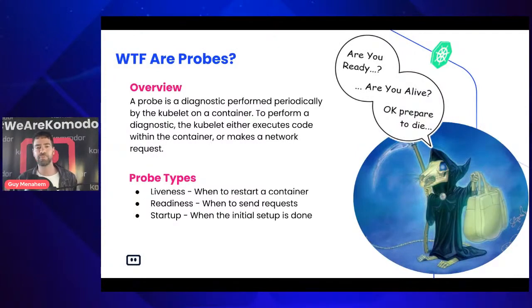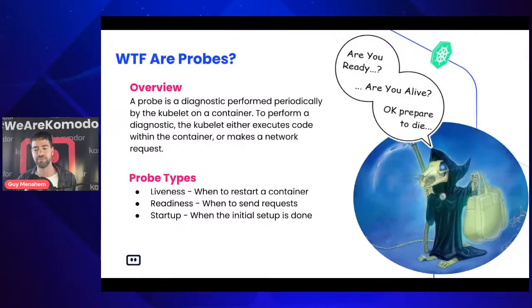So probes are a way for Kubernetes to determine our application's health, if it's live or if it's ready. Based on that, Kubernetes knows how to act with our application.